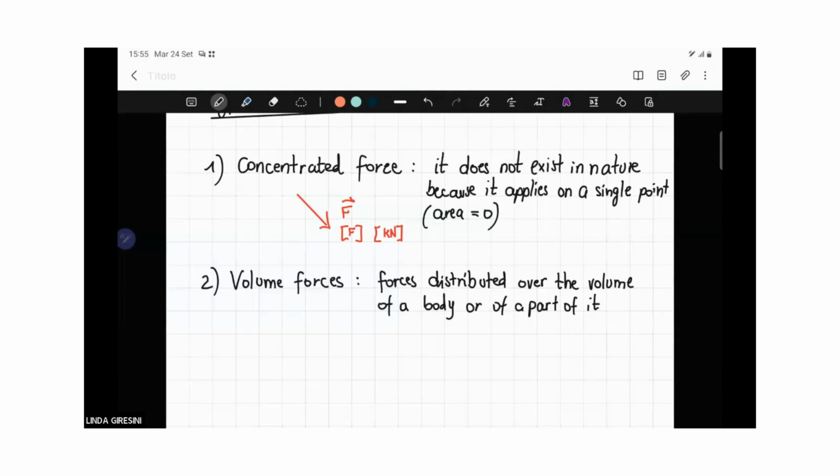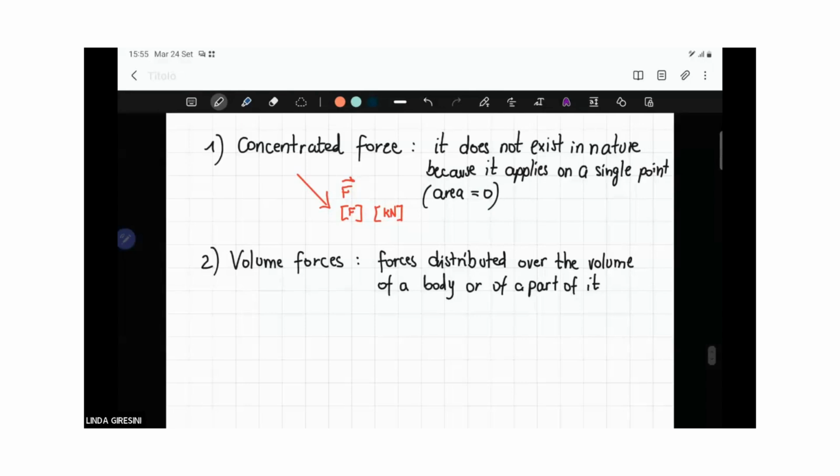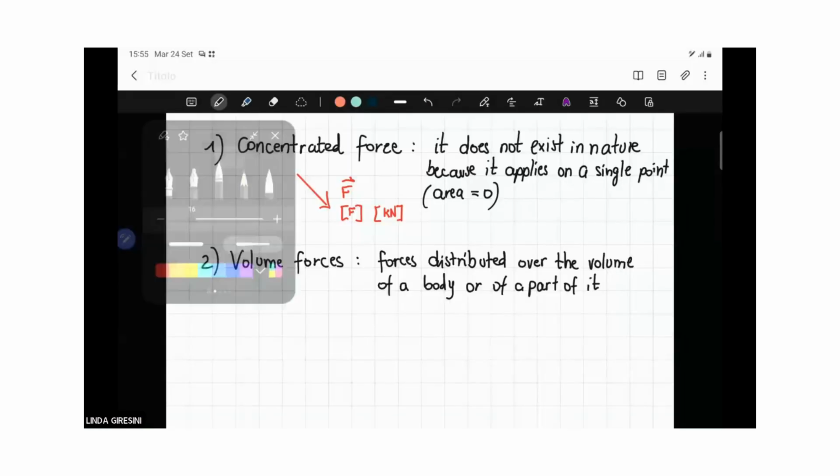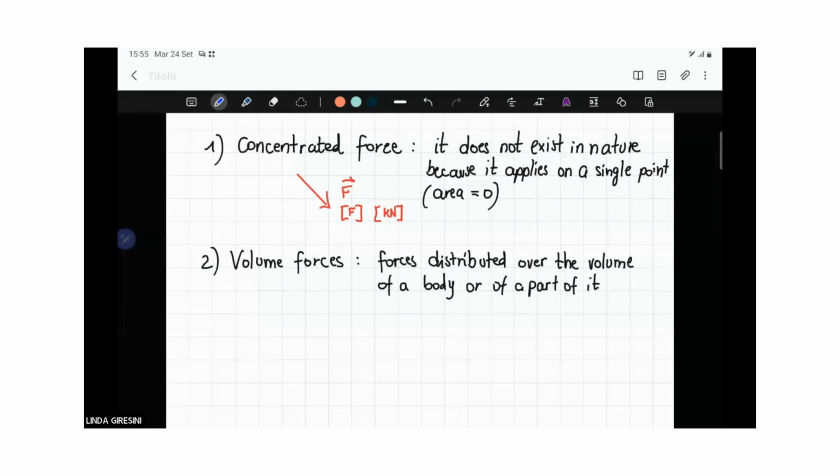The most famous example of volume forces is the self-weight. Because if you have a body, for example, you can take again a book. A big book.